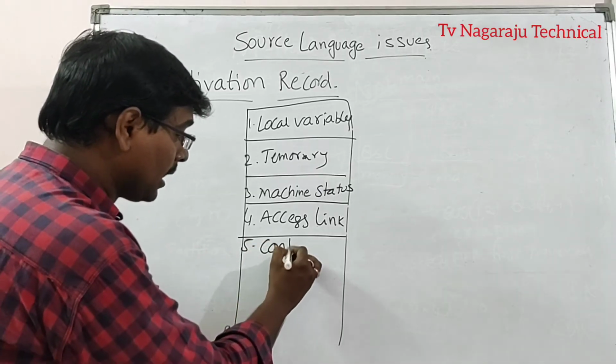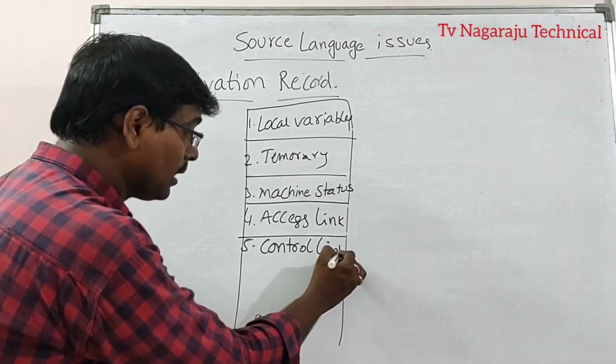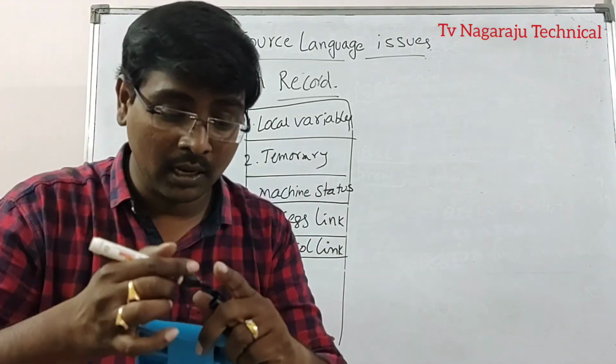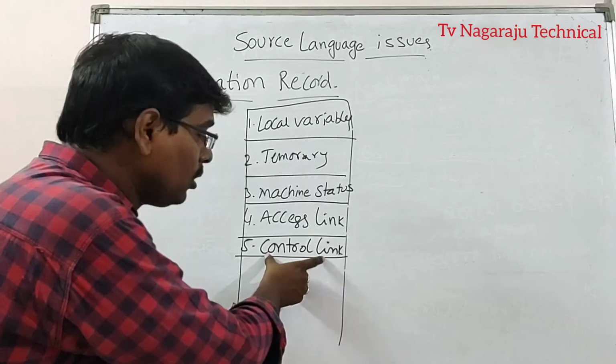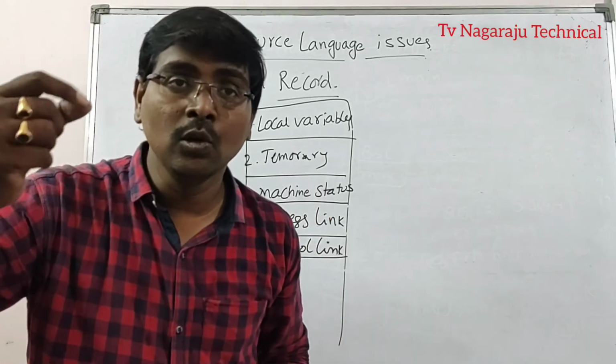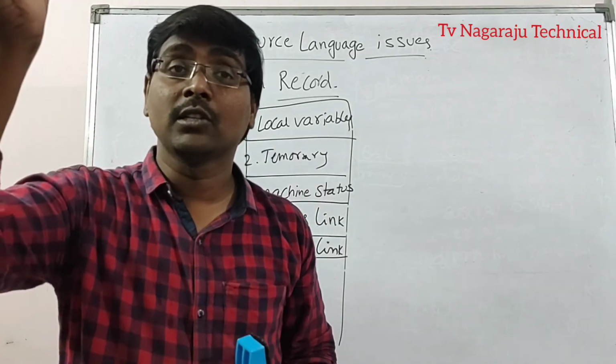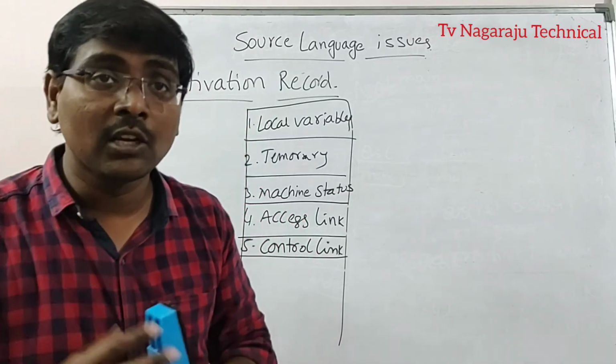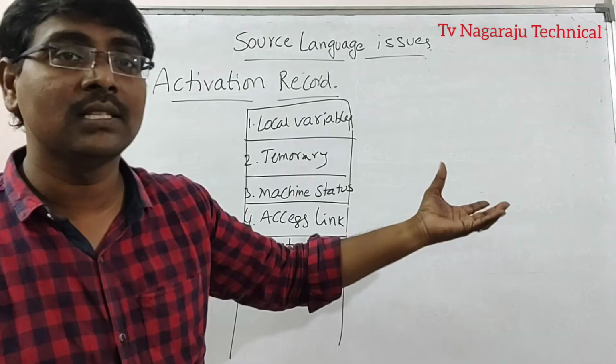Next one, control link. This is also optional. Simply, the control link points to the caller, that is, the function or procedure which calls this one.